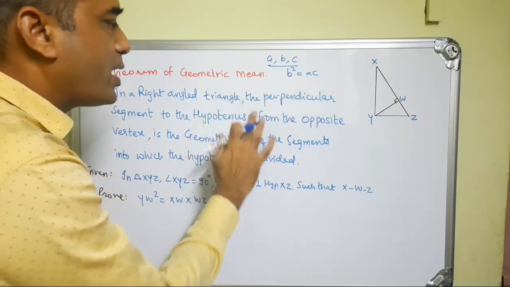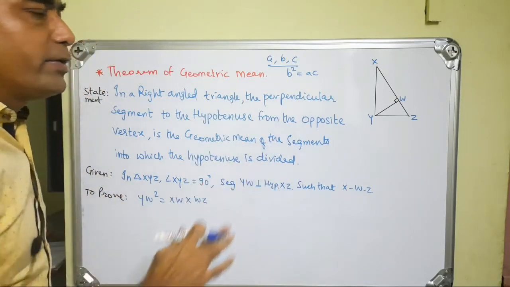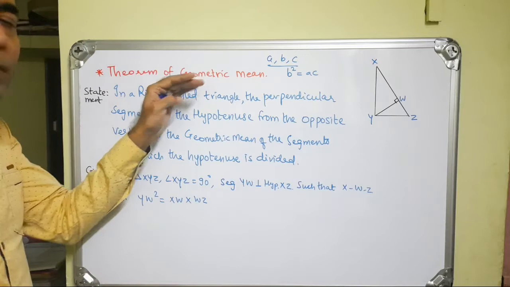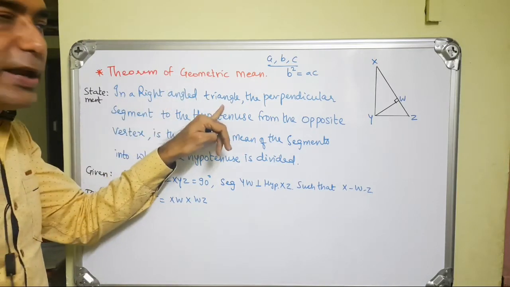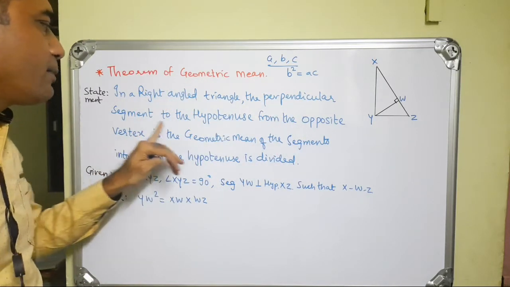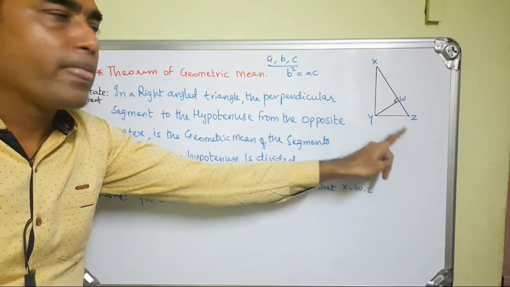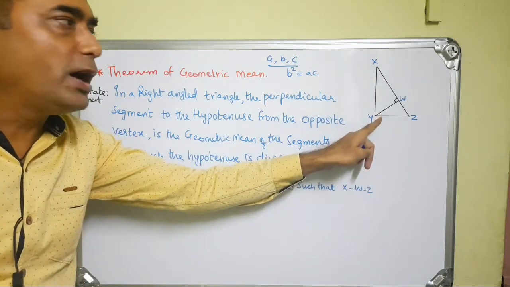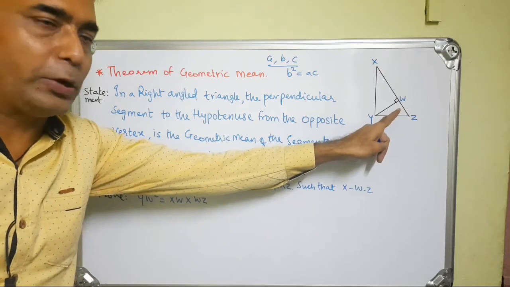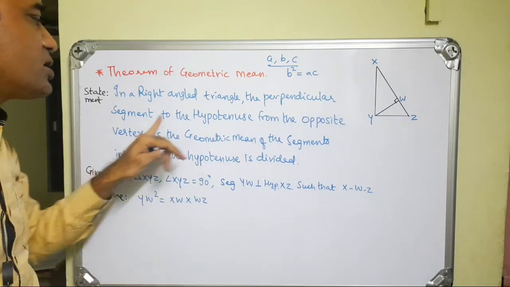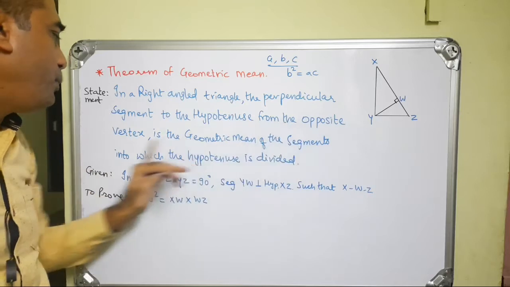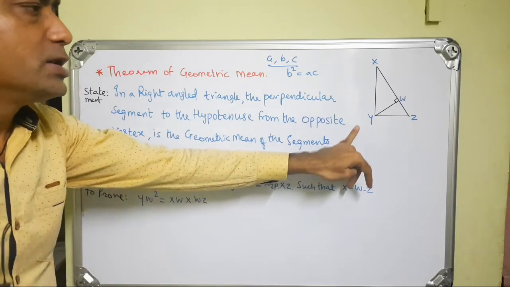In the same way, the theorem of geometric mean says that in a right angled triangle, the perpendicular segment to the hypotenuse, that is, the altitude drawn to the hypotenuse from the opposite vertex, is the geometric mean of the segments into which the hypotenuse is divided.